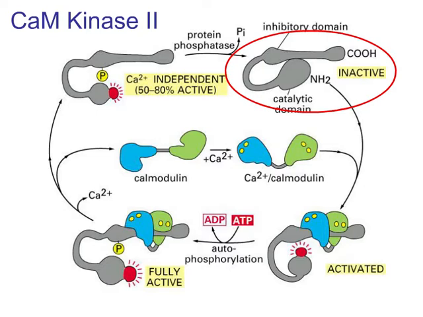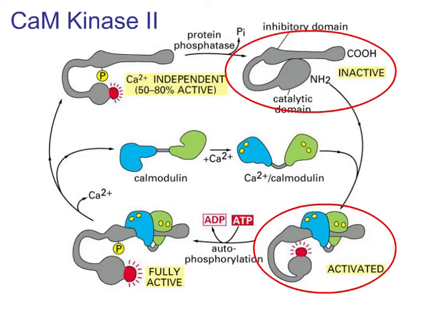When calcium levels rise, calmodulin clamps onto the inhibitory domain of CaM kinase 2. This allows the catalytic domain to become active. The catalytic domain then phosphorylates a serine residue in the inhibitory domain of CaM kinase 2. CaM kinase is now fully active.